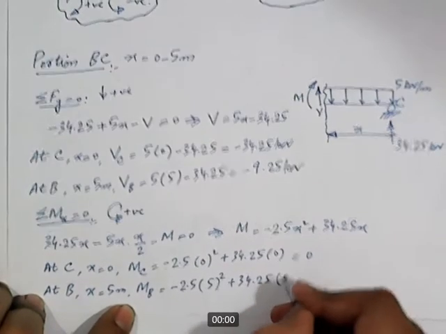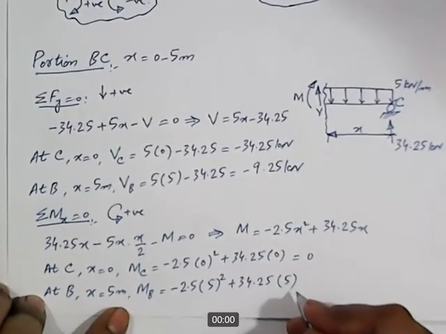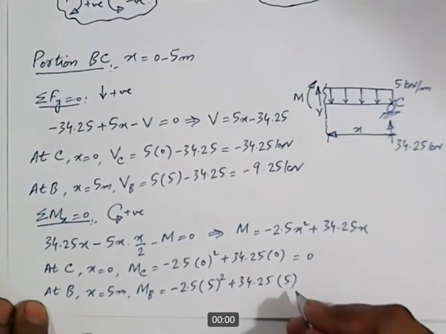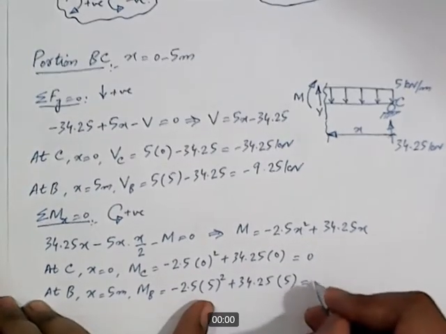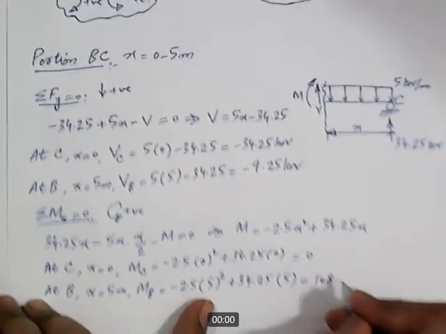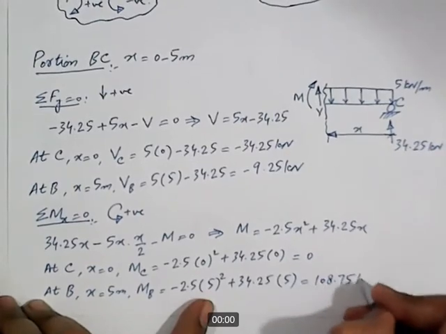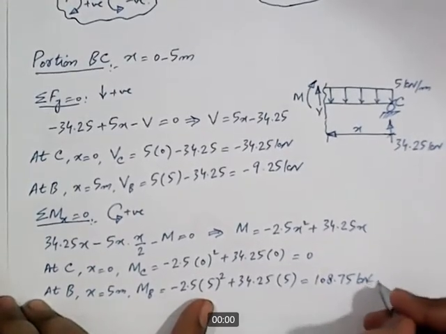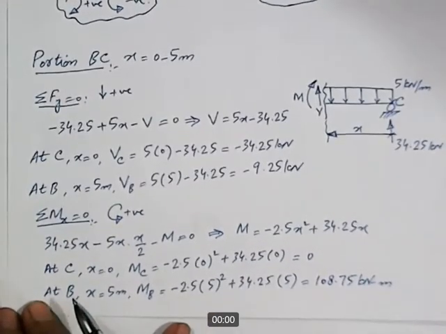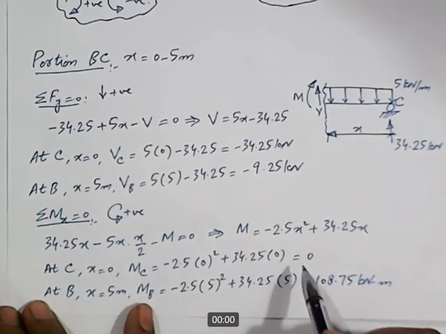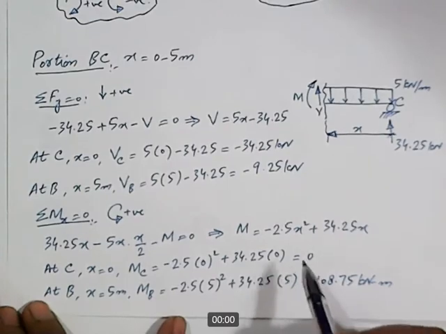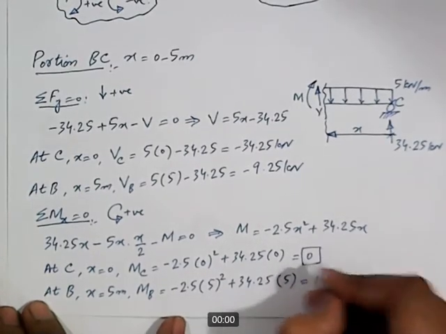34.25 into 5, and if we solve this, what do we get? We get positive 108.75 kilonewton meter. So the value of bending moment at support C, which is an external roller support and not subjected to any externally applied moment, comes out to be 0, this value here.